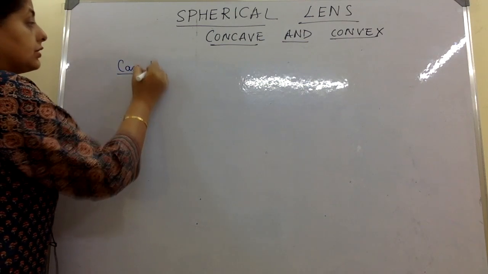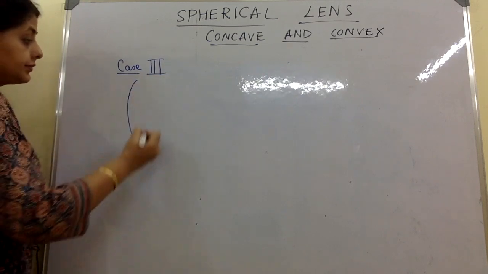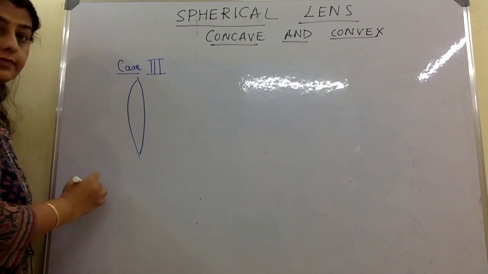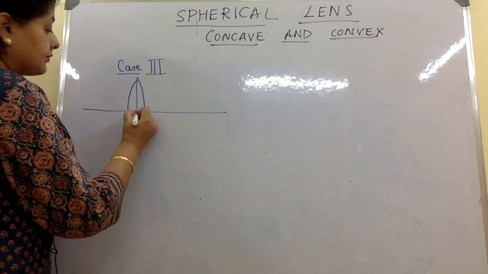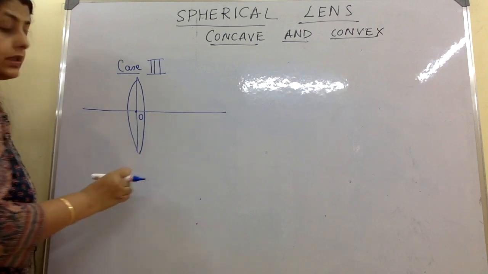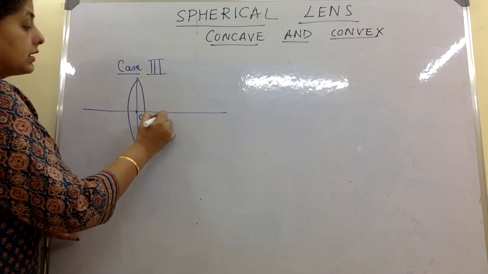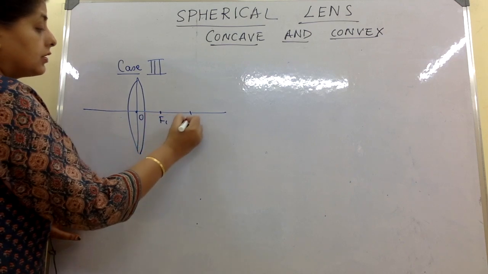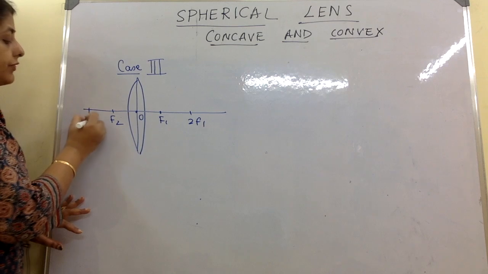Now the third case, what is the third case? This is lens optical center. This is F1 to F1, F2 to F2.